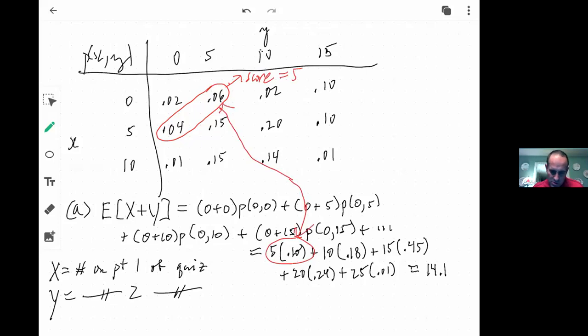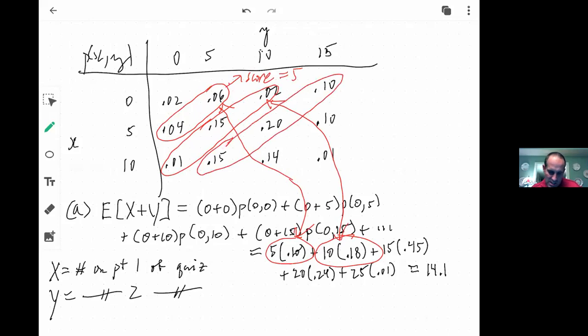Basically 5 times 0.10. What about a score of 10? Well, that's really any of these things right here. So that's a score of 10, which gives rise to this. If I add those probabilities together, I get 0.18. Similarly, a recorded score of 15 comes from that diagonal, and that gives rise to this thing right here.